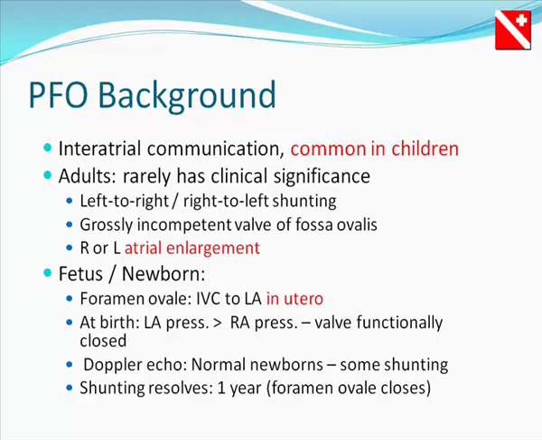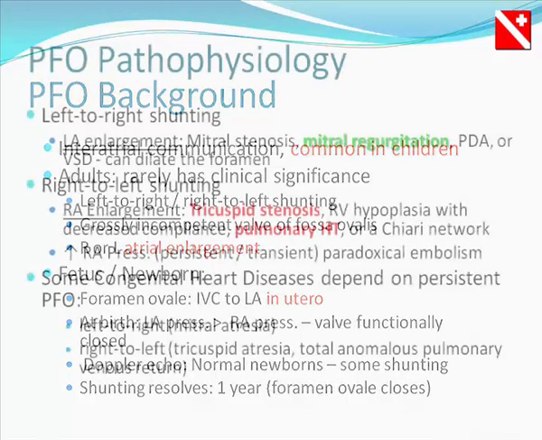If you have disruption of the interatrial septum through enlargement of either the right or the left side, there's a greater chance that you will have shunting through the foramen ovale. As we mentioned, in the fetus, in utero, it's great, but once they're born, it loses its functionality.